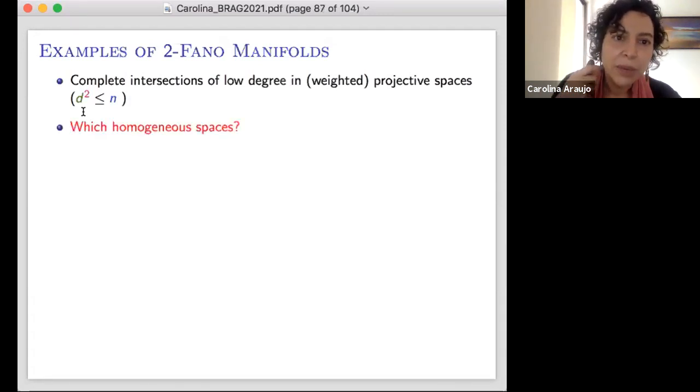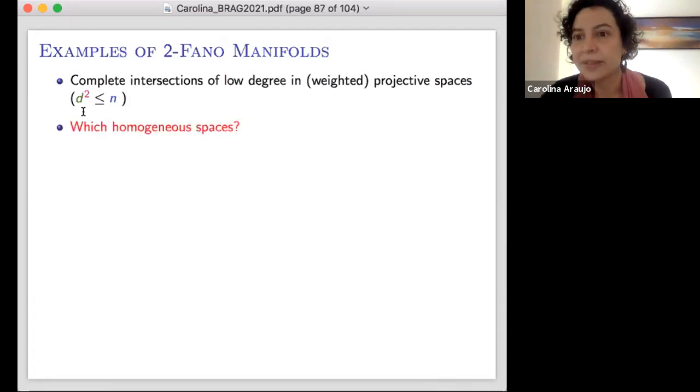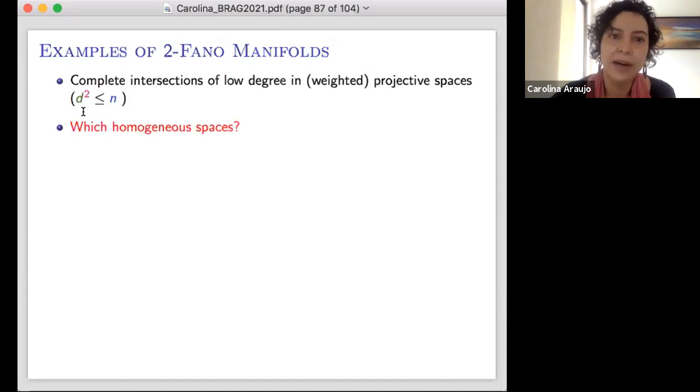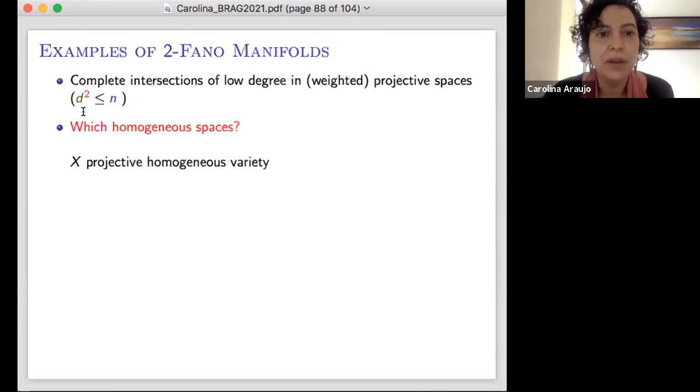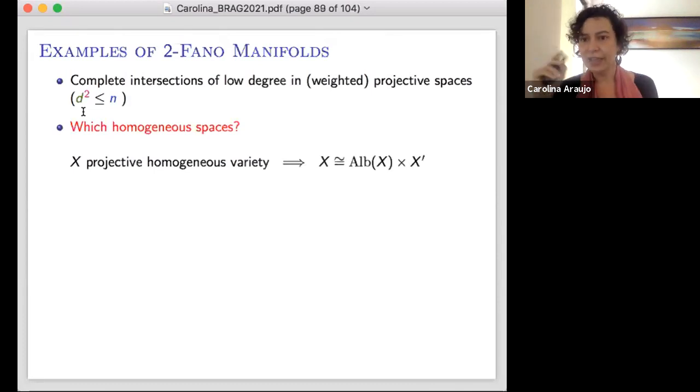And now, what about homogeneous spaces? Which homogeneous spaces are 2-Fano? Homogeneous spaces are well understood. In general, if you have a projective variety and you assume that it is homogeneous, so that its automorphism group acts transitively, then it is necessarily a product of an abelian variety, the Albanese variety of X, and X prime here.